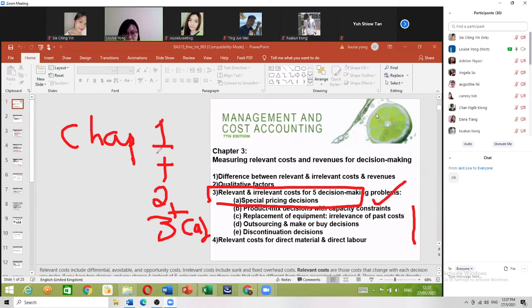Okay, so 这个是你的 midterm 啦，Chapter 1, Chapter 2 and 3A.